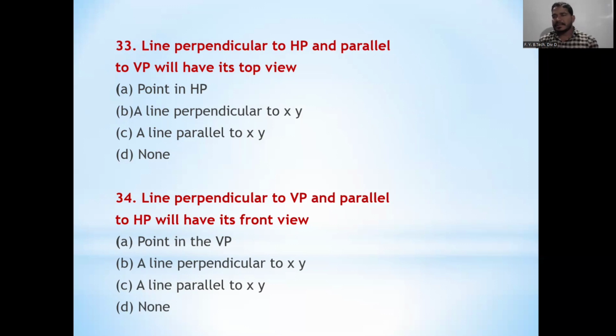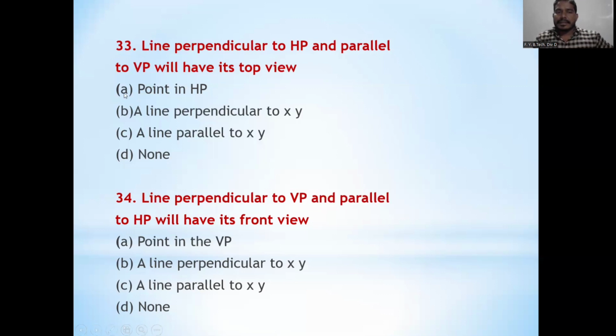The same conditions are there as in the previous two MCQs, but those asked how its front view will be, and we got a line perpendicular to XY. Here it has been asked how its top view will be, which we have already discussed.